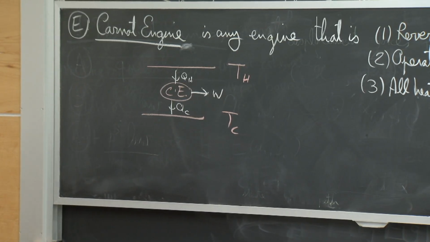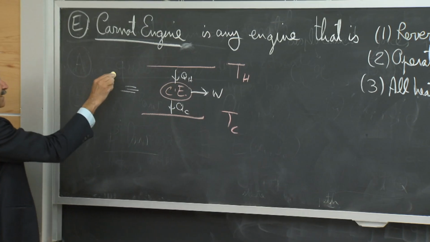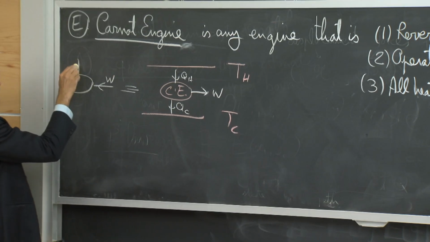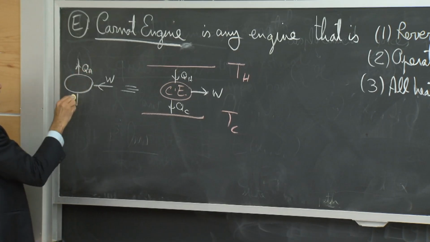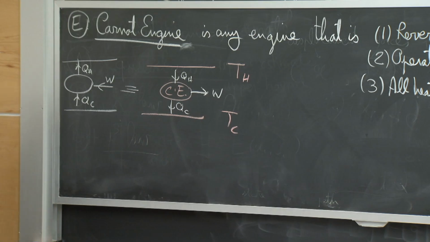And since it is reversible, I could actually run it backward. I could have W, I could have QH, QC, and it would work as a refrigerator.